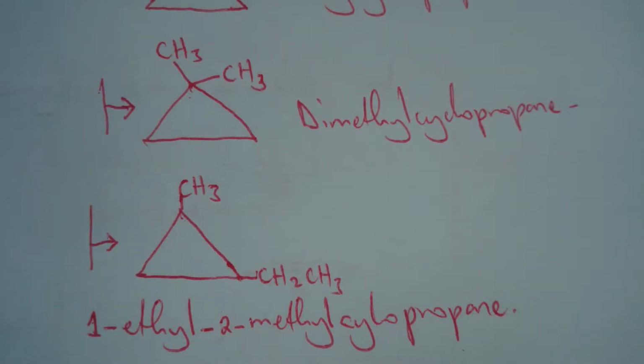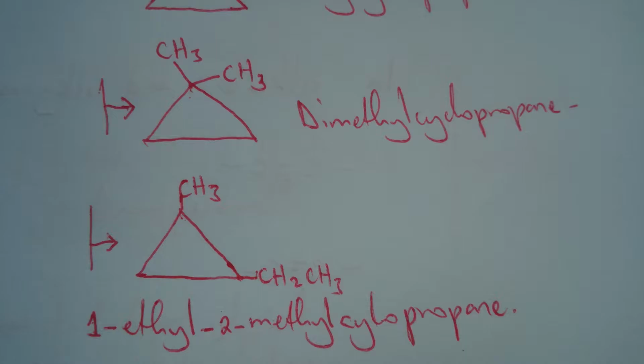If they are not identical, one is a methyl and another is an ethyl, you take the E first. Though the methyl may appear to be first, for the case of a cyclo compound, you can't tell where the first carbon atom and the second carbon atom are. So what you do here is take the one whose first letter comes first in the alphabet.